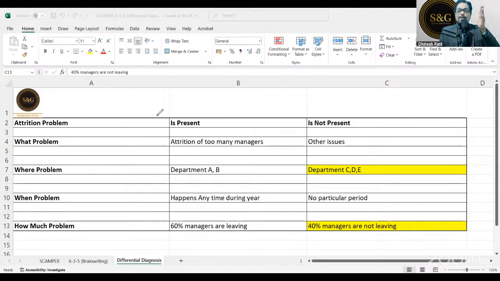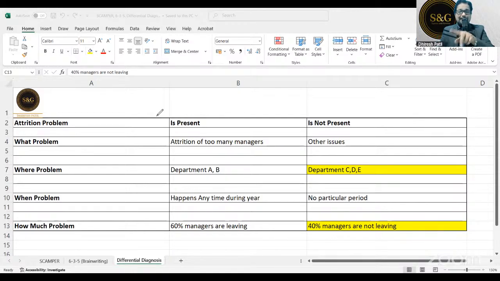Maybe the maintenance schedule was not followed, or maybe the overhauling, greasing, vibration, temperature, or inspection, something which was going right for pump number 1 was not happening for pump number 2. While comparing these two, you do a diagnosis which differentiates these two scenarios, and this is called differential diagnosis. That means do not only go where the problem is, also check comparatively where the problem is not present.